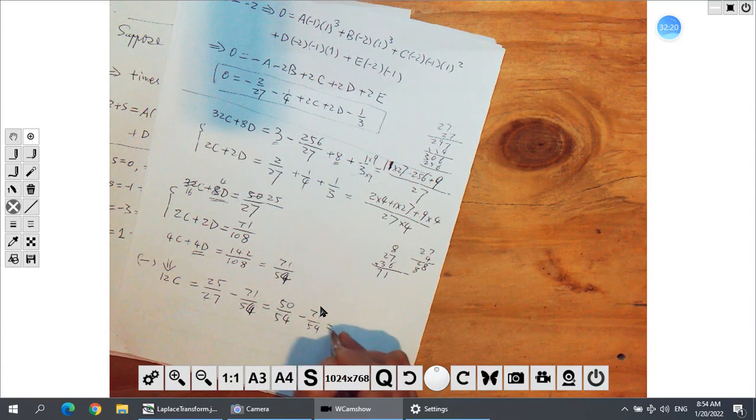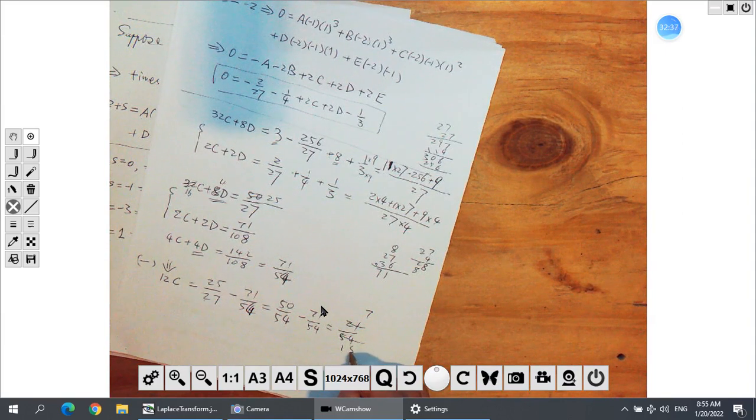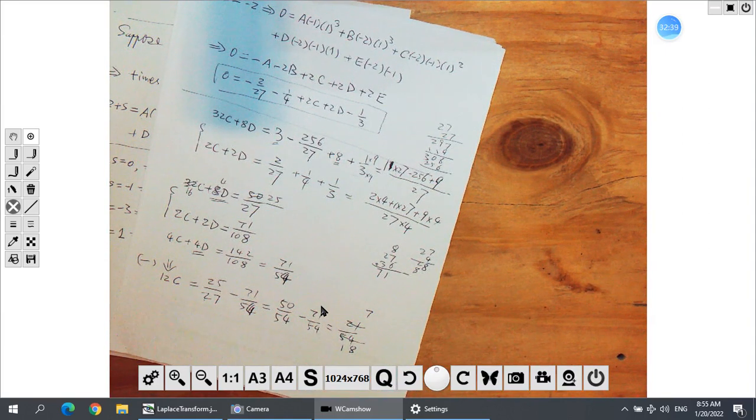So this is 21 over 54, and I can divide it by 3, right? I get 7, and this by 3 is 18. 54 divided by 3 is 18.